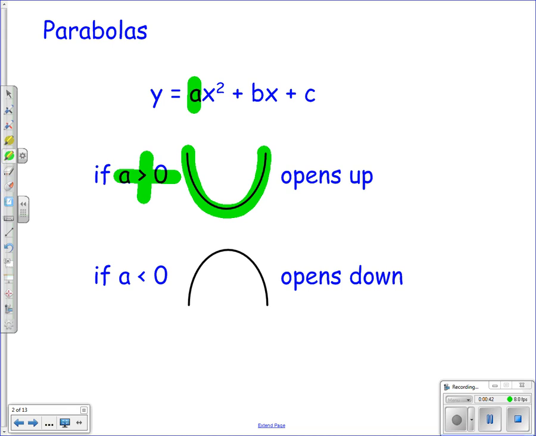If your leading coefficient is a negative number, your parabola opens down. A is less than 0. It is literally just looking at the leading coefficient to know whether your parabola opens up or down. A positive leading coefficient opens up, a negative leading coefficient opens down.